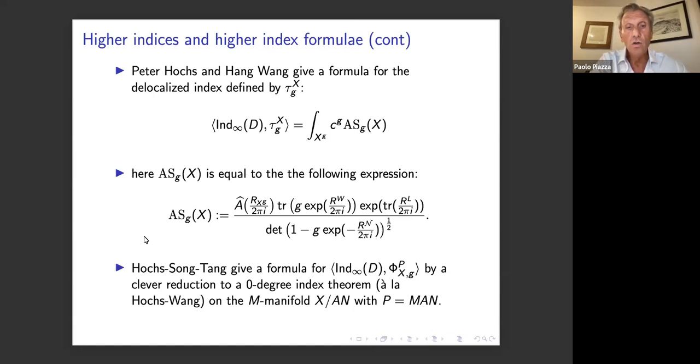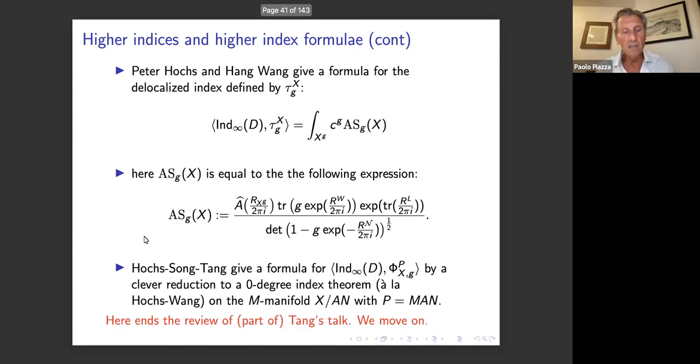Okay, so this index theorem you also saw 15 minutes ago, and really this theorem is obtained by reducing this pairing to a pairing on the quotient X over gamma. Okay, there is a delicate reduction procedure, but at the end you basically reduce this to a degree-zero index theorem, so basically an index theorem a la Piazza-Wang, and then you apply the index theorem there. Okay, but the reduction is certainly non-trivial.